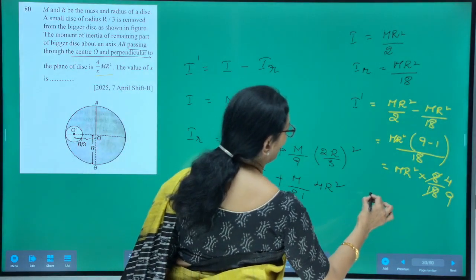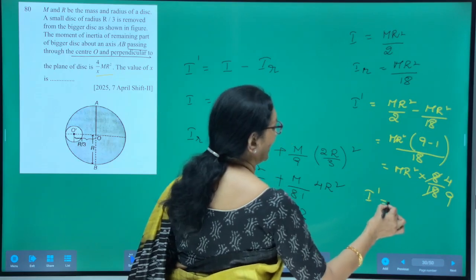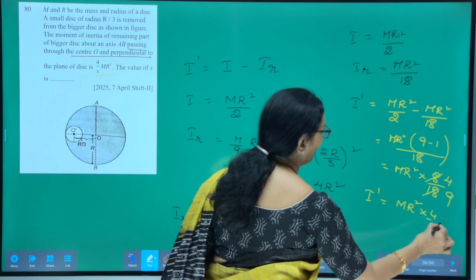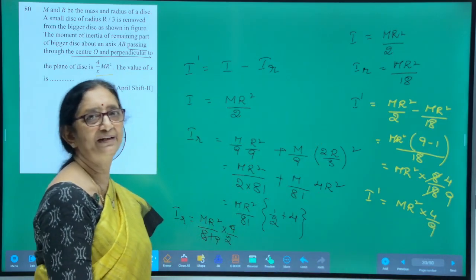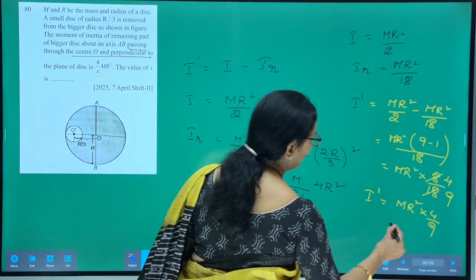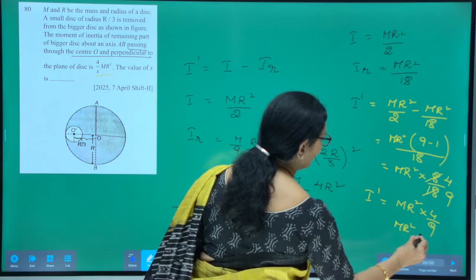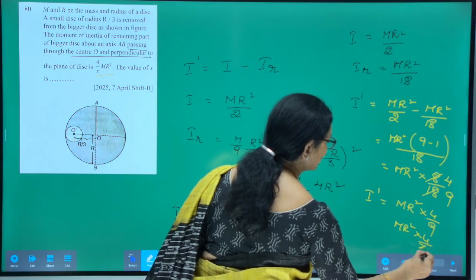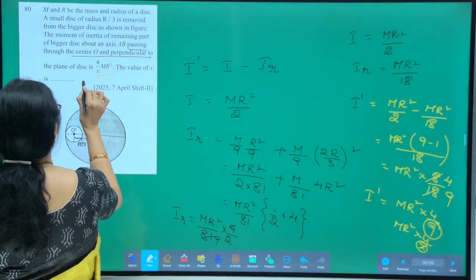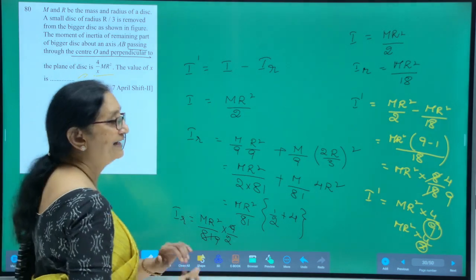So here we got the moment of inertia as mr square into 4 by 9, moment of inertia of the remaining part. But it is given as mr square into 4 by x. In place of x we got 9. So the value of x here is 9.